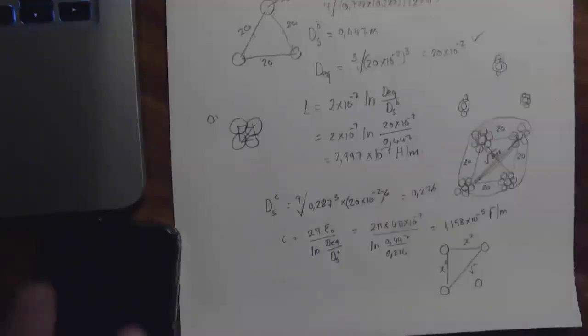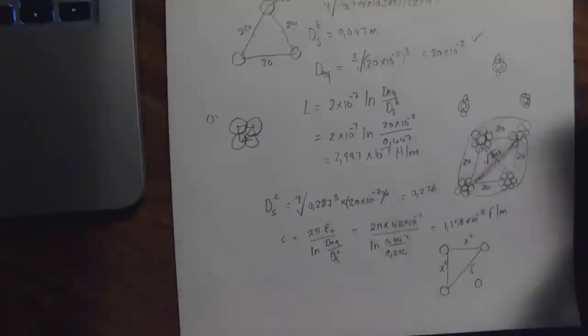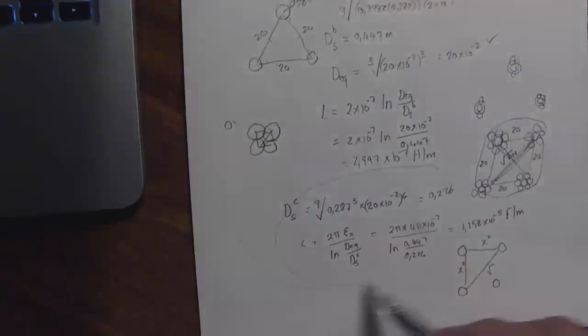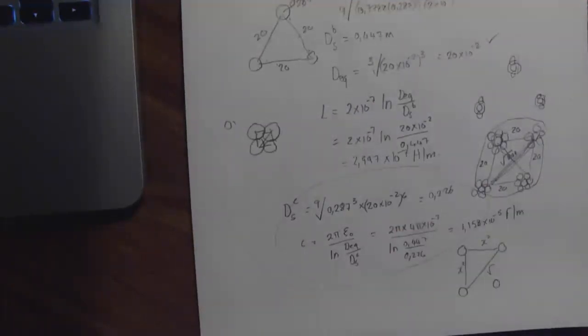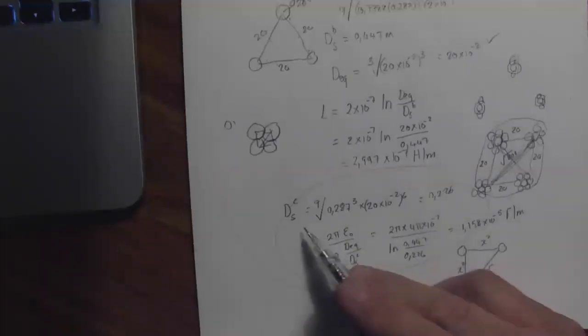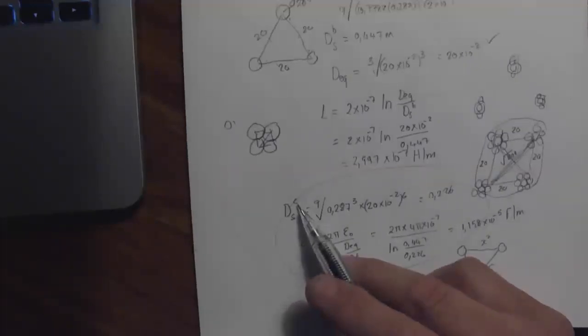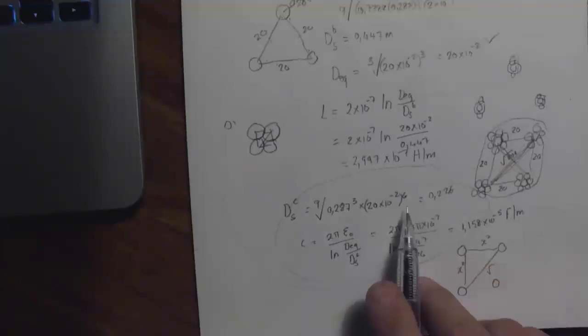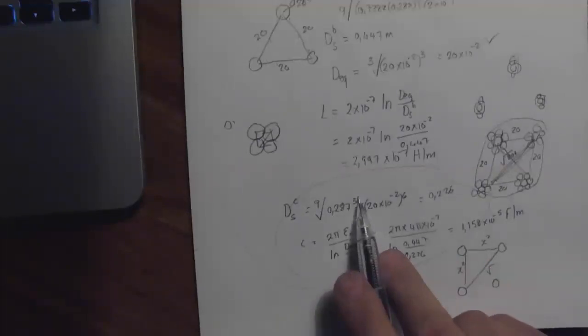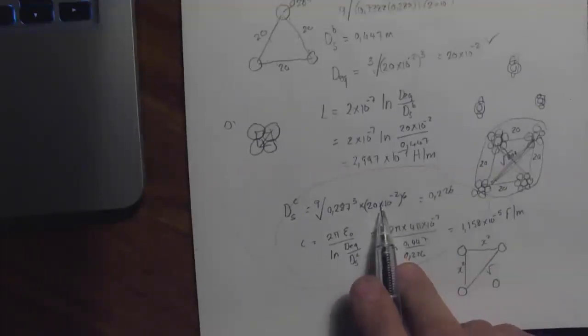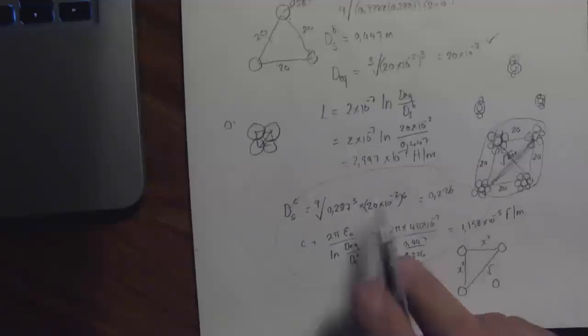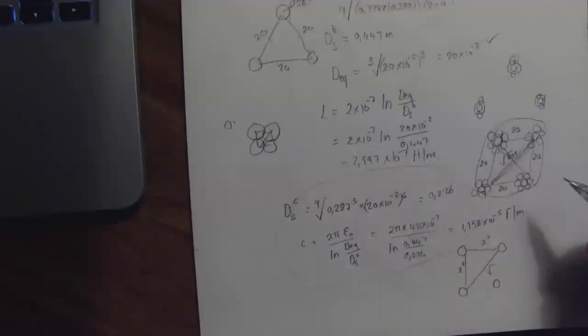Okay, something else? So what about capacitance? Are you done with any example which you can do for us for capacitance? That's basically this part here. Done. So first of all, you calculate the DS of the bundle for the capacitor, which is R cubed d cubed, or d to the power of 6, or whatever the case may be.